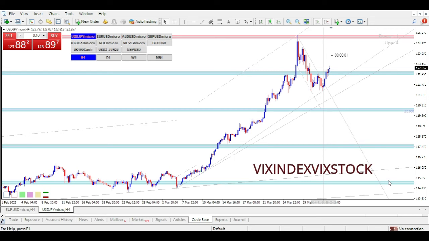A recent example is when Russia invaded Ukraine, gold suddenly spiked up. Why? Because it's considered a safe haven, and people were what? Dumping the Russian ruble, and they were buying gold, they were buying US dollars.